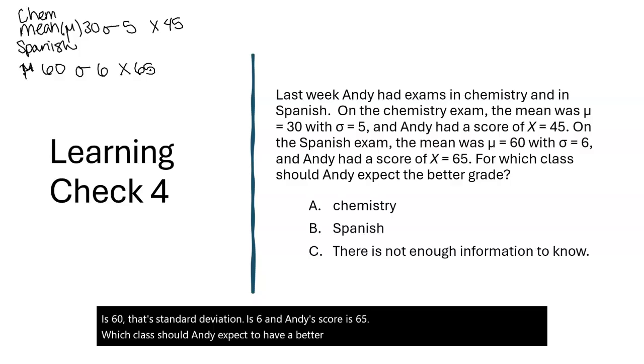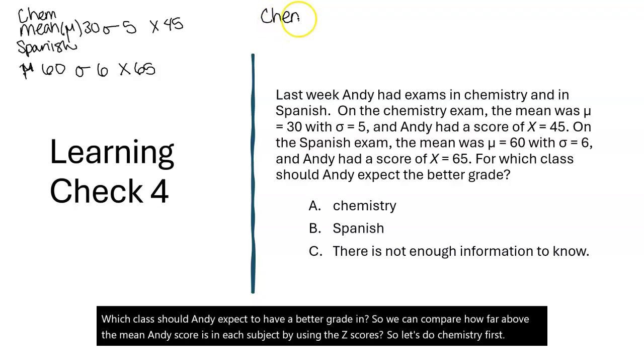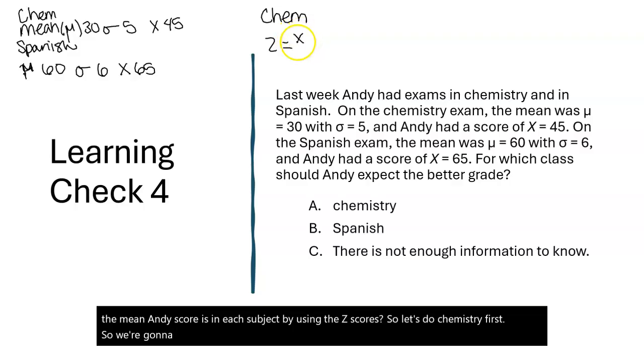So we can compare how far above the mean Andy's score is in each subject by using the z-scores. So let's do chemistry first. We're going to do that z-score calculation, and we are just going to plug everything in.